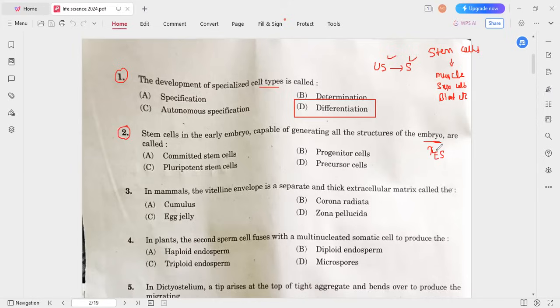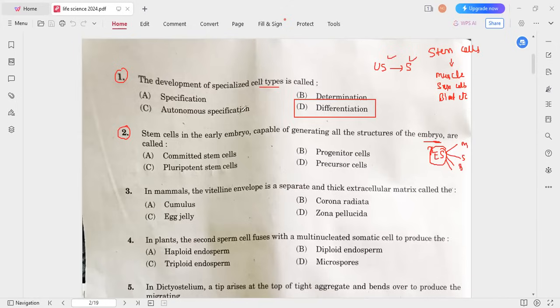So they can divide into more stem cells or become any type of cell in the body, for example muscle cells, sex cells, blood cells, whatever.